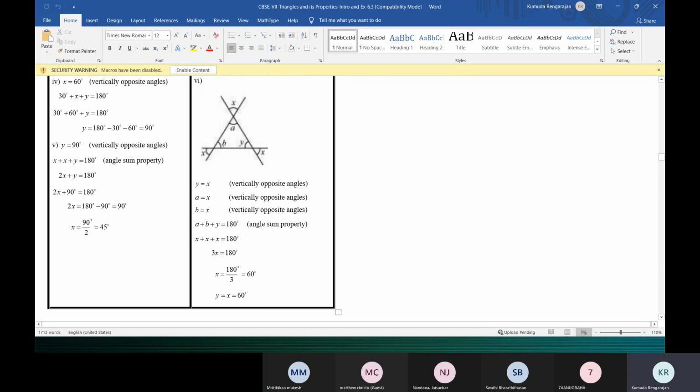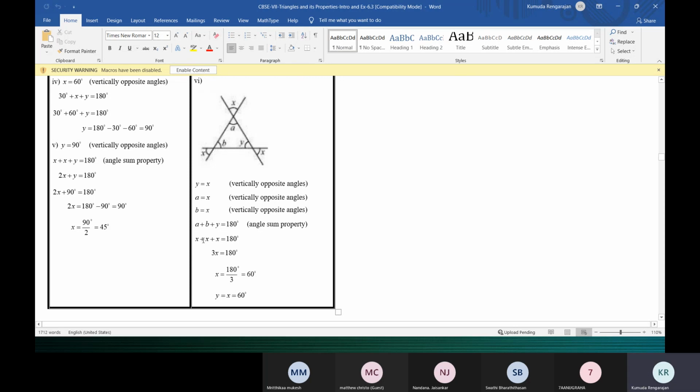You can mark the angles like this, A and B. Now you know that A plus B plus y is equal to 180. See the first line. But A is x, B is x, y is x. A is equal to x, B is equal to x, y is equal to x.